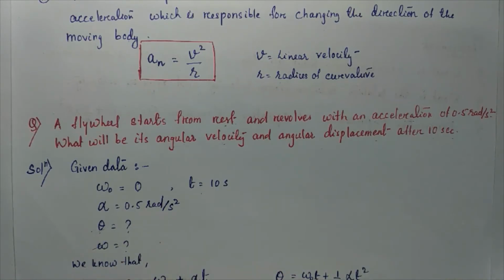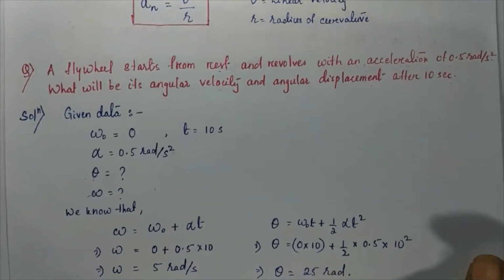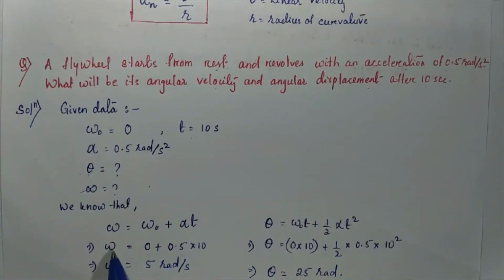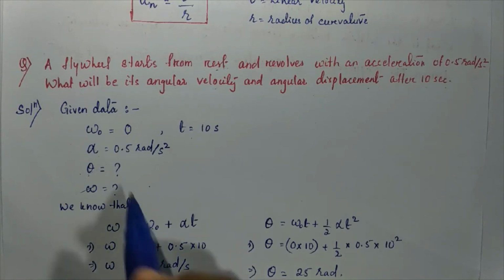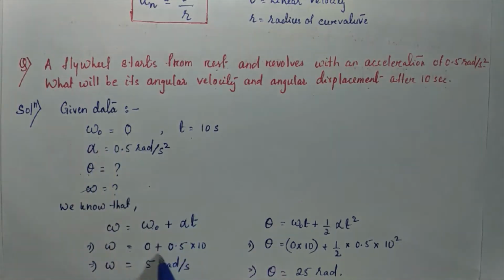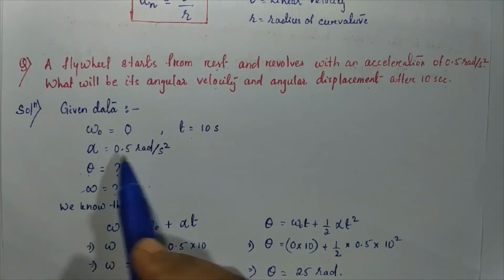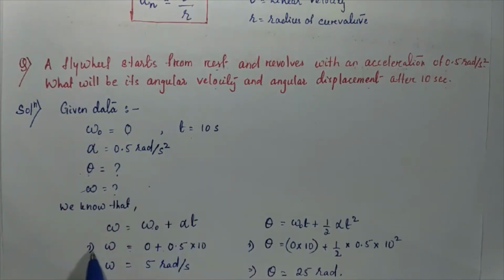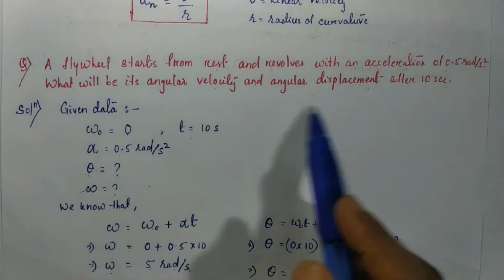So first we consider omega equal to omega naught plus alpha t. In place of omega naught we substitute 0, plus alpha is 0.5 and t is 10 seconds. After solving this, omega is equal to 5 radian per second. Next we have to find the angular displacement.